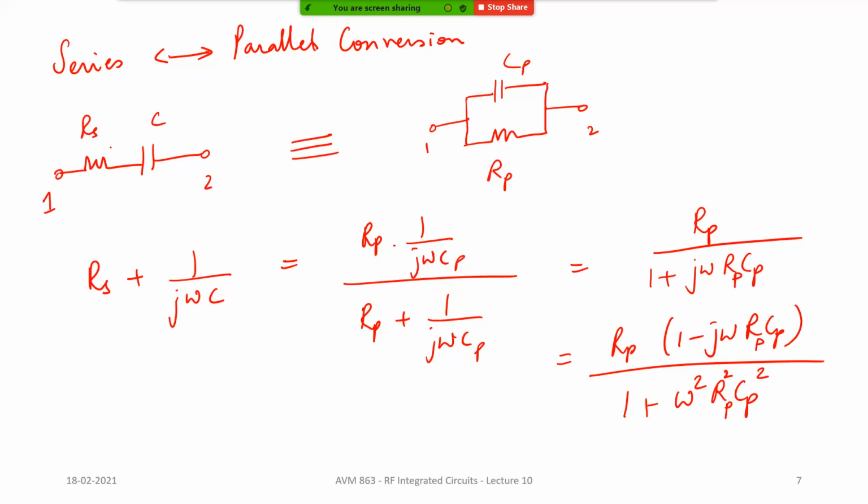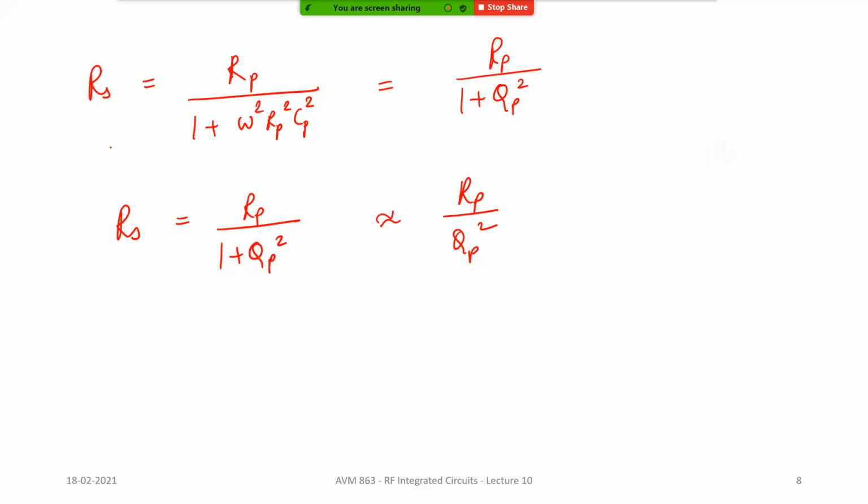So you use the same Q expression, which involves only R and C. Typically for both circuits the Q will be the same. You can't say the Q is different for both of them.